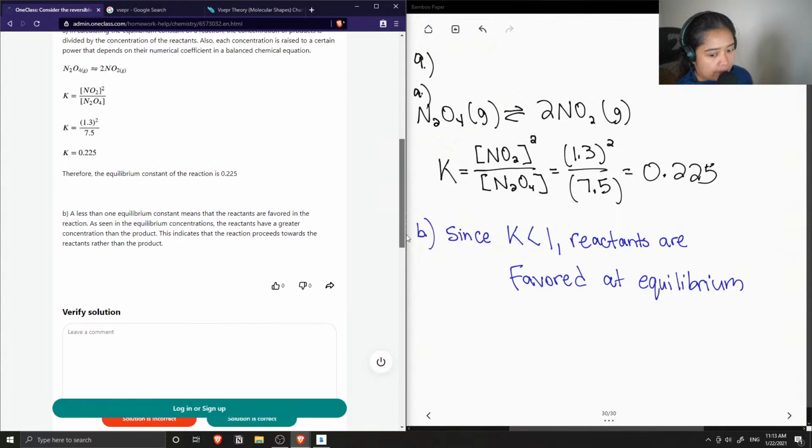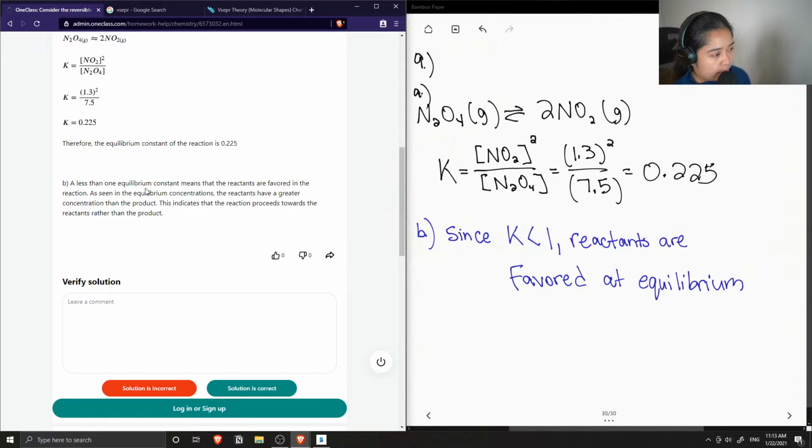For part B, a less than 1 equilibrium constant means that the reactants are favored in the reaction. As seen in the equilibrium concentrations, the reactants have a greater concentration than the product. This indicates that the reaction proceeds towards the reactants rather than the product. Okay, so this solution is correct. Great answer.